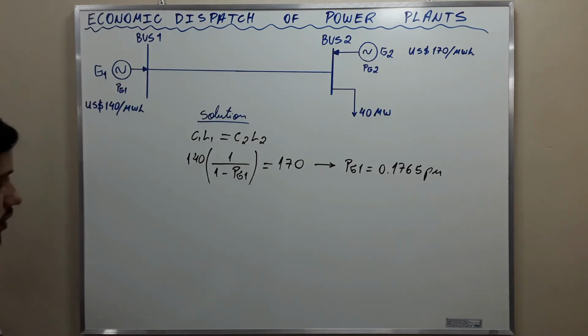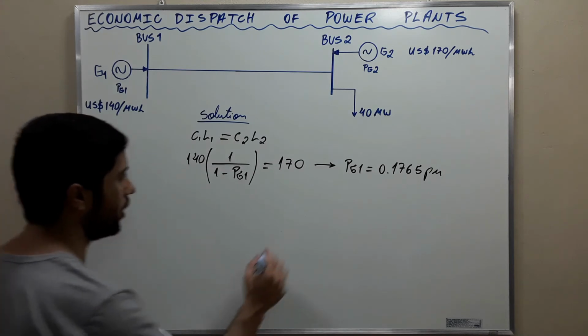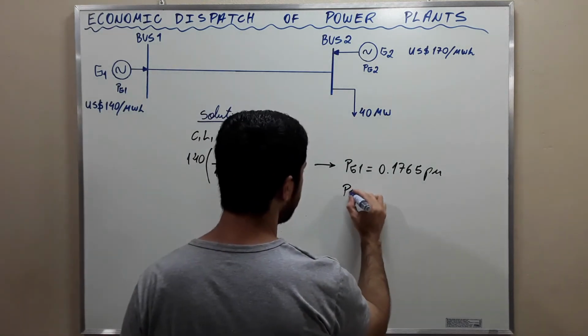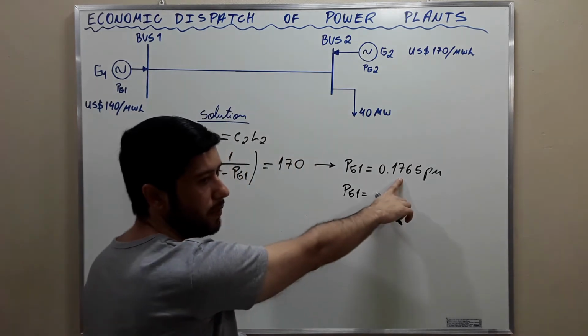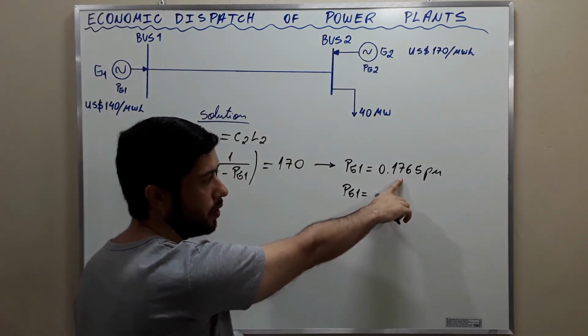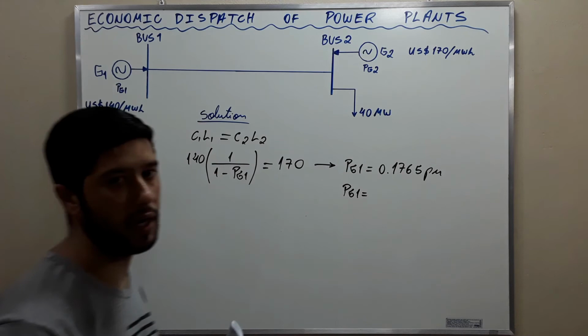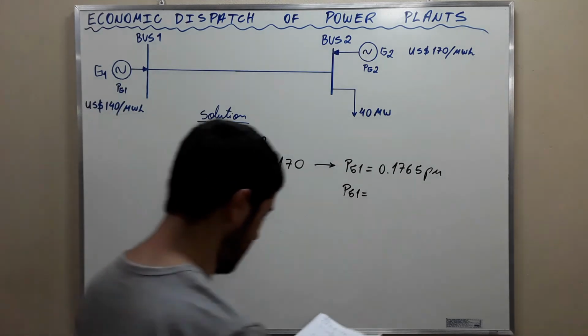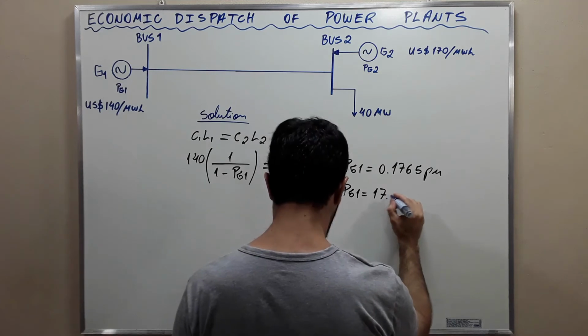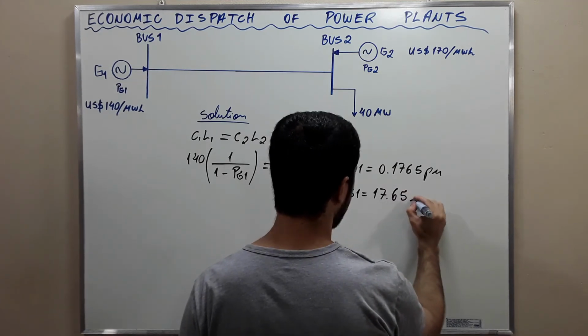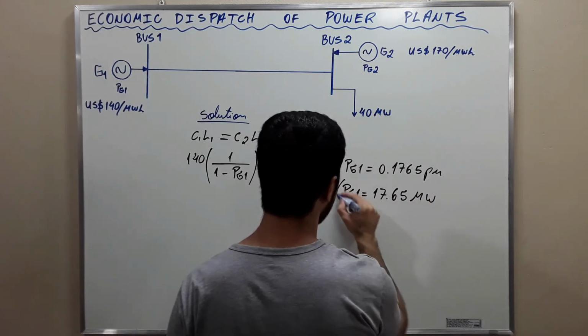And since the base apparent power is 100 MVA, this is a given of the problem, PG1 is equal to this number here in per unit times 100 MVA, and this is 17.65 megawatts.